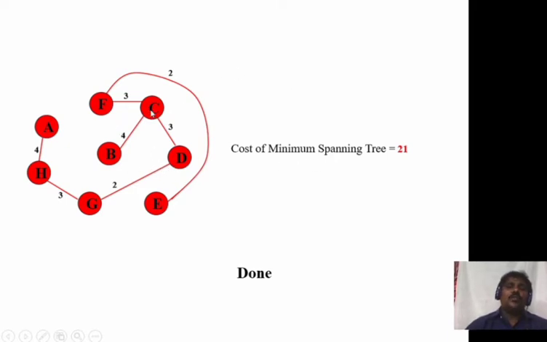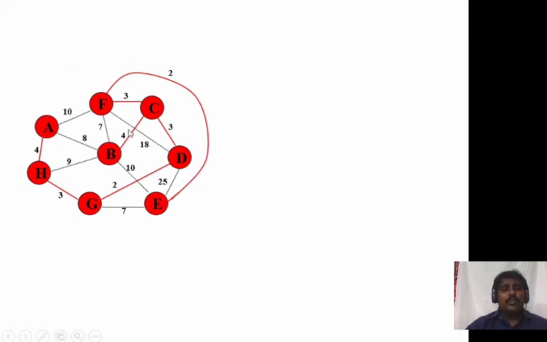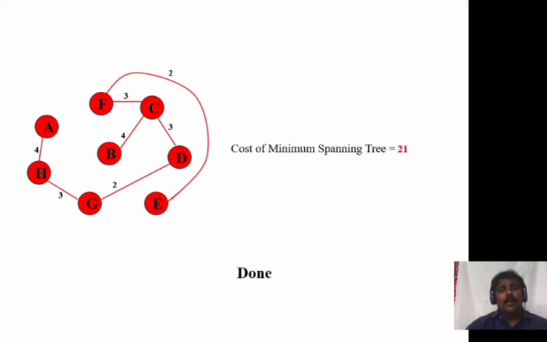So here we have to keep in mind that first of all we have to take any vertex, and by seeing that vertex we have to see the minimum edge, the minimum edge beside its adjacency. We can take from this side or this side. And we have to keep in mind that at last the figure must not be like this. The closed figure must become an open figure.